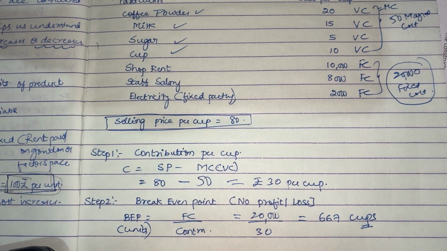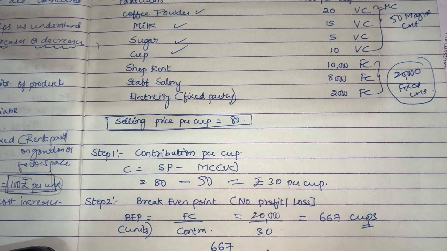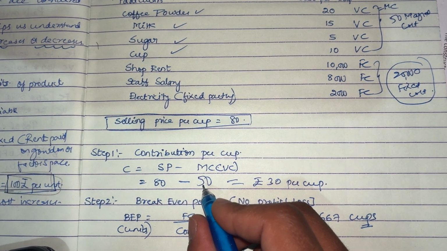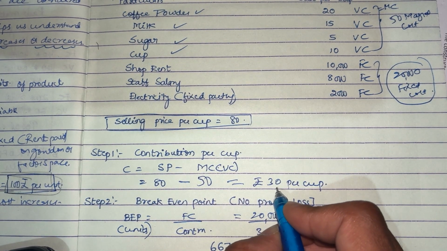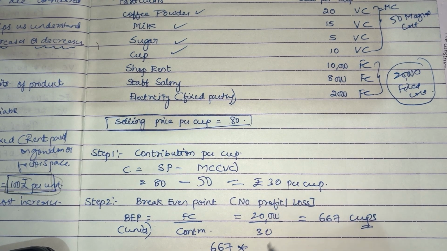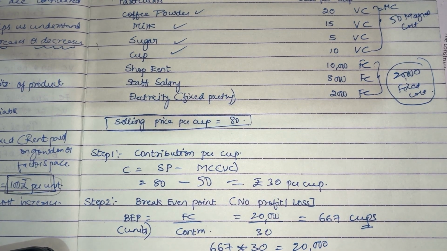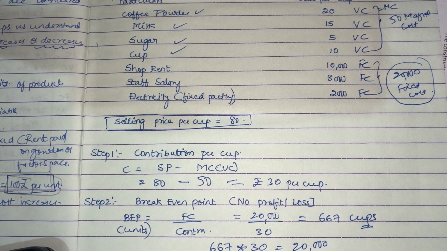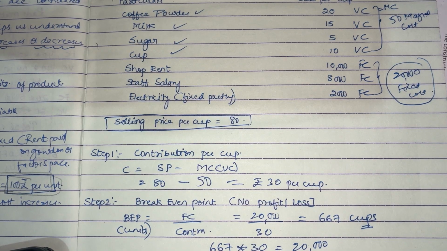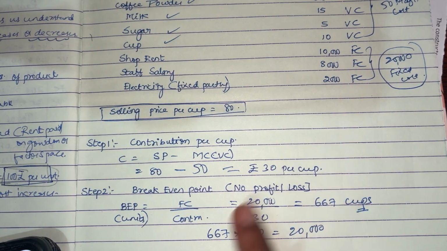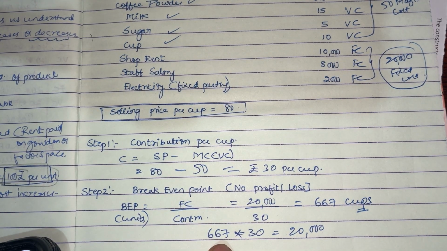You need to at least sell 667 cups, because when you recover your full variable cost, the remaining left out profit is only 30 rupees. 667 into 30 will basically come around 20,000 rupees, 20,010 rupees, but I am rounding it to 20,000 rupees. What it is denoting is, in order to recover this 20,000, at least you need to sell 667 cups.